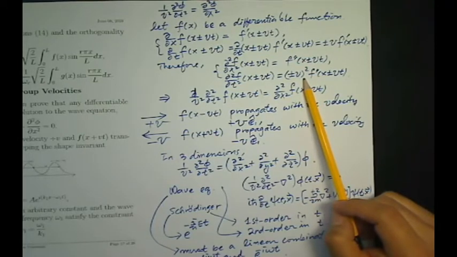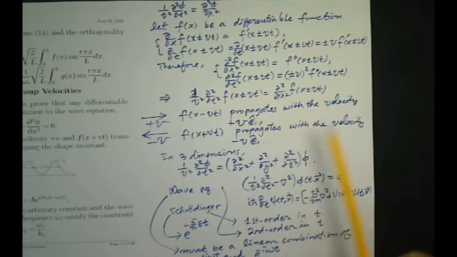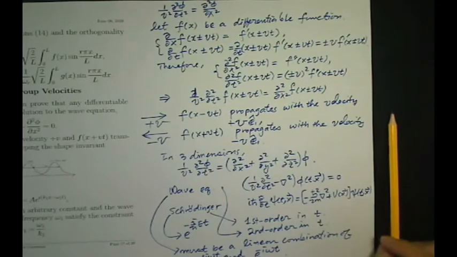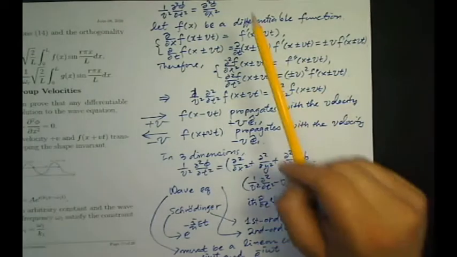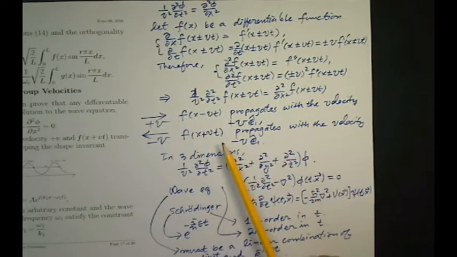So for any arbitrary function, this is always true. So the result is the wave equation allows two different waves. They are identical wave, except that it is traveling forward and backward.